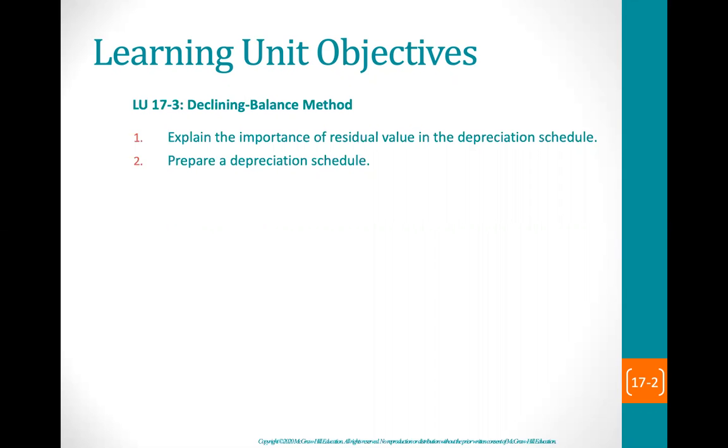To take up larger amounts of depreciation expense in the earliest years of an asset's life, we must first determine the straight line rate and double it so that it is used up at twice the rate. It is important to remember that when figuring depreciation using the declining balance method, we do not deduct residual value in the calculation of depreciation expense.